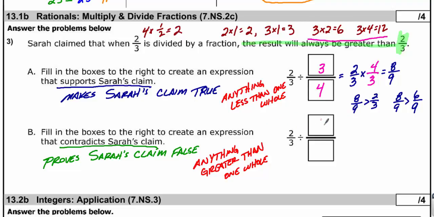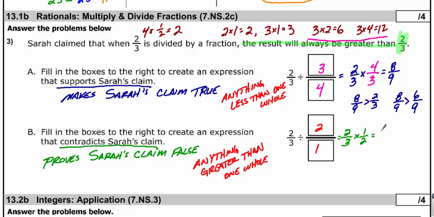Will give us an answer that's smaller. Let's just pick 2/1. All right, so I've got 2/1. So I have 2/3 when I change this to a multiplication problem times 1/2.